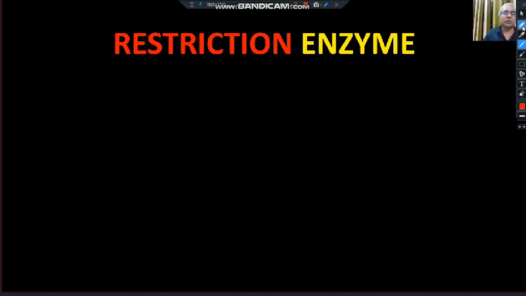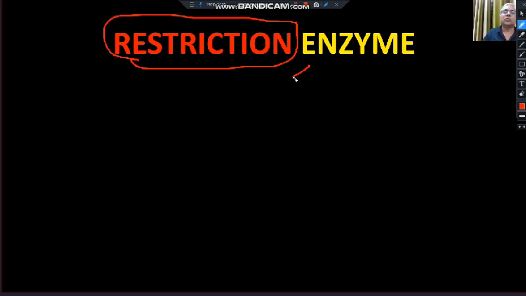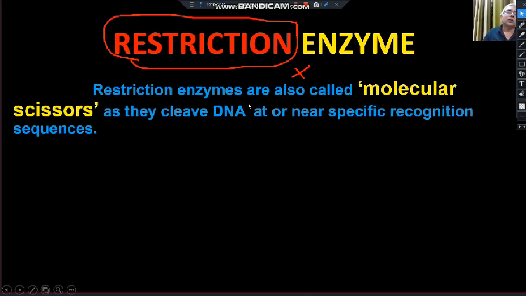If they are present, then these enzymes will show their activity, and if those recognition sequences are absent from the DNA molecule, then they do not show any activity. That's why they are termed as restriction enzymes. They are also termed as molecular scissors.